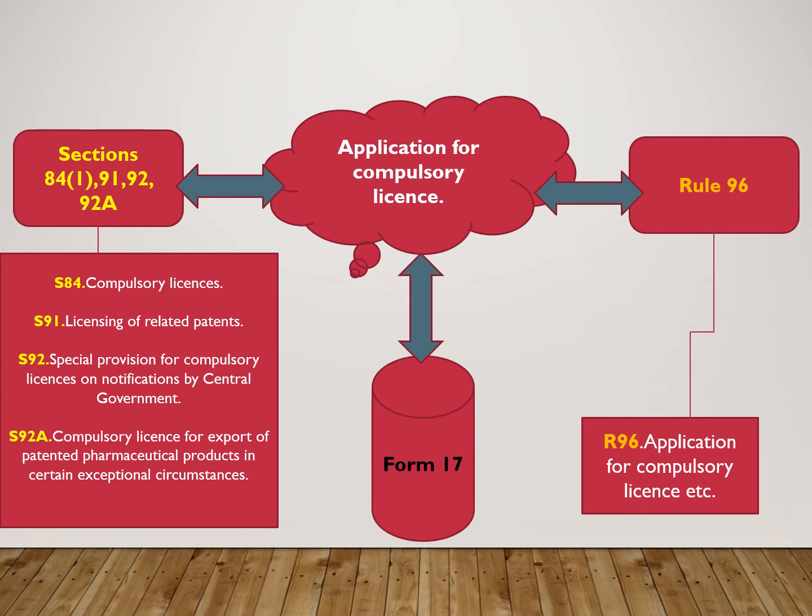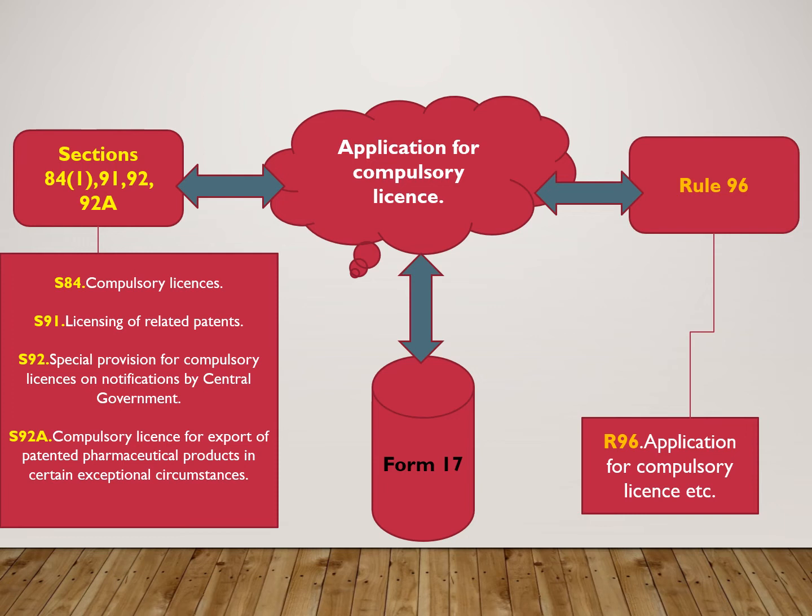Section 91 is licensing of related patents. Section 92, special provision for compulsory licenses on notification by central government. Section 92A, compulsory license for export of patented pharmaceutical products in certain exceptional circumstances. Fine. And rule number 96 says application for compulsory license, etc.